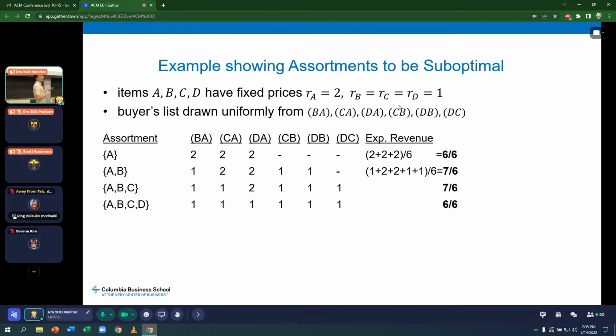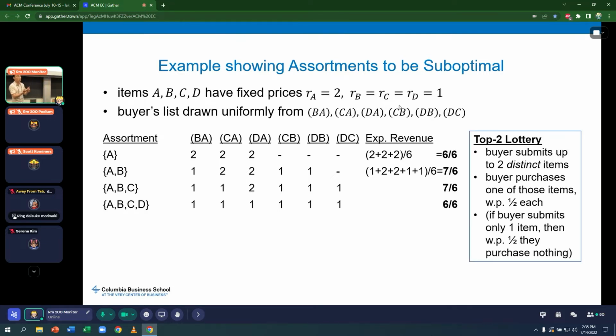OK, let me now tell you a lottery mechanism that hopefully you think is reasonable for selling these items. It's called a top 2 lottery, which is as follows. The buyer submits up to 2 distinct items that they're willing to purchase. And each item the buyer submits, they get with probability 1/2.